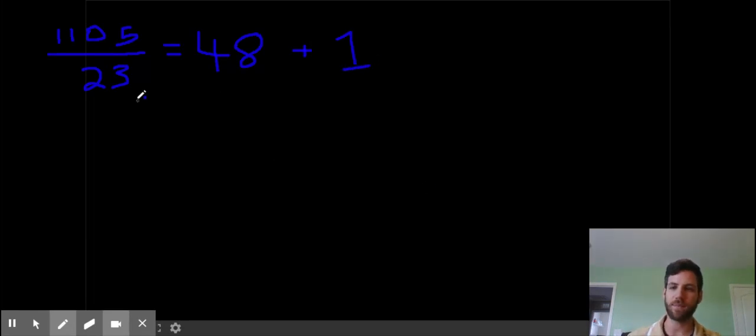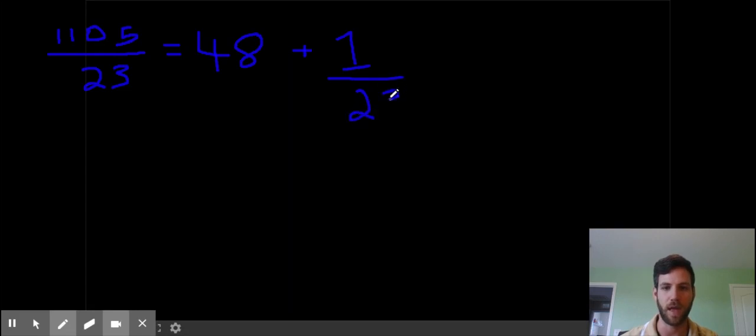But if we think about what I just wrote there, 1105 divided by 23 doesn't equal 49, what I have on the right side here. That's incorrect. We know it's equal to 48 and 1 remainder, which is not the same thing as 49. What this is actually equal to is 1105 divided by 23 is equal to 48 and 1/23.